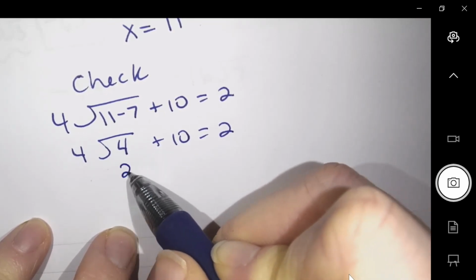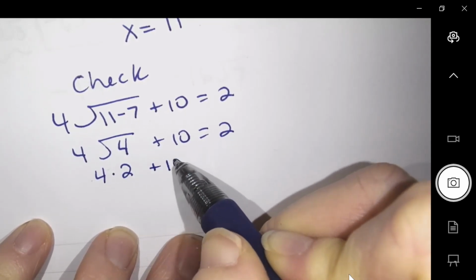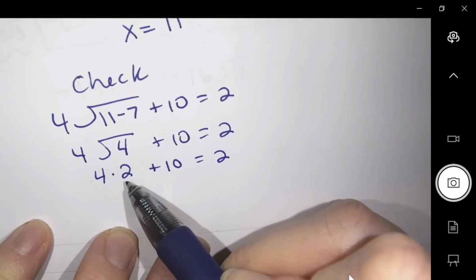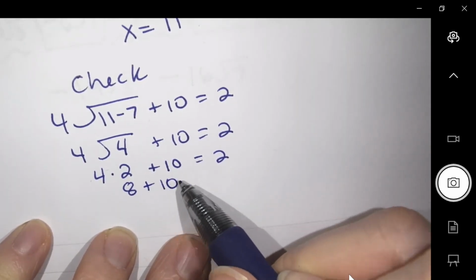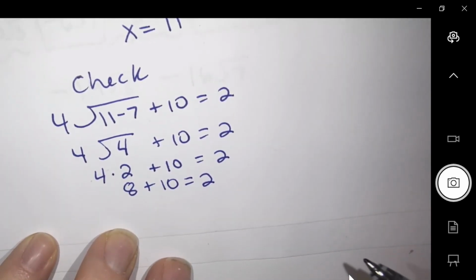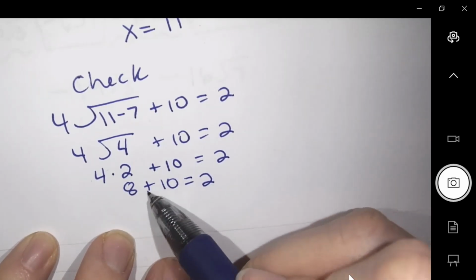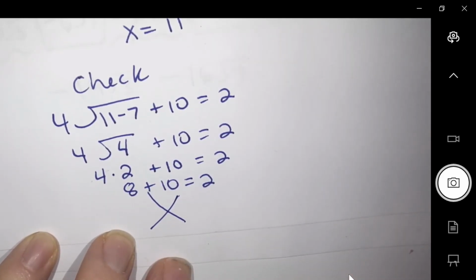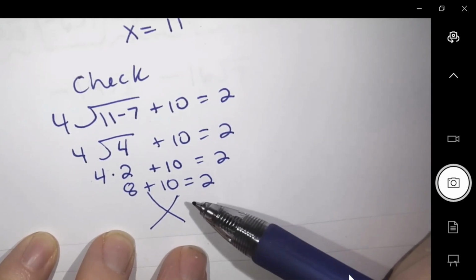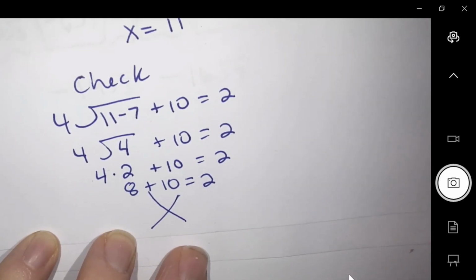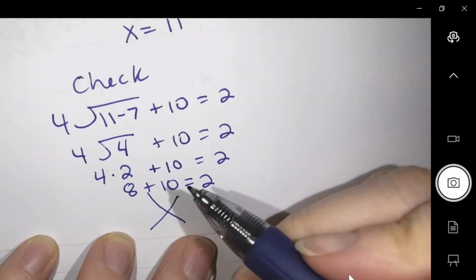Root 4 is 2. Then I get 8 plus 10 equals 2. Okay, maybe they wrote it wrong because we got a number. We got a good number. Does that also line up with my idea that there's no solution?